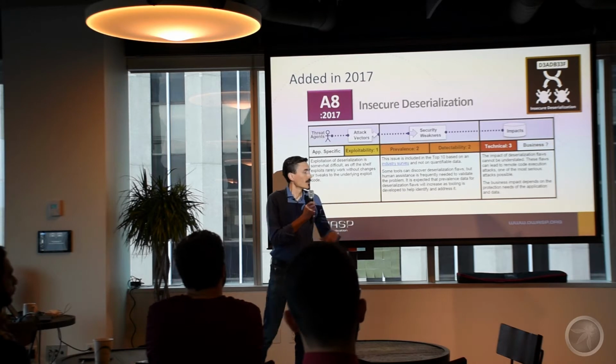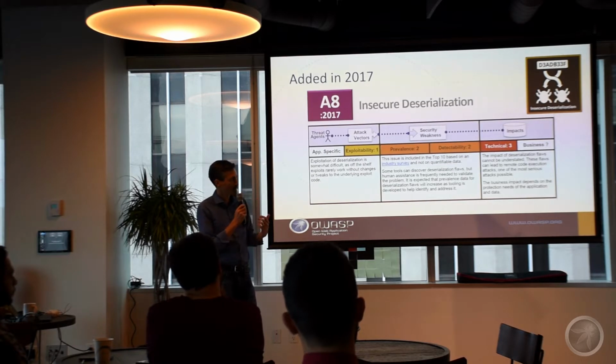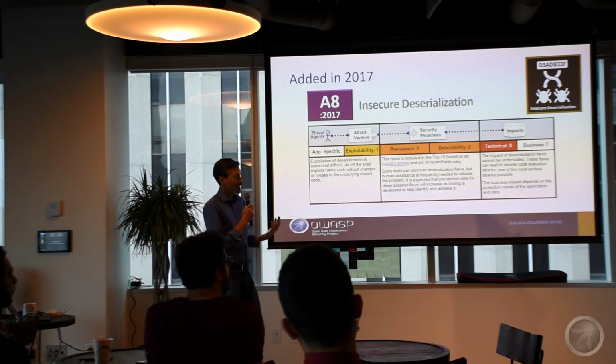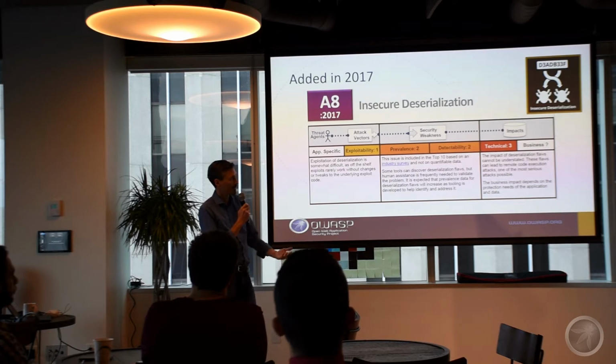I do a lot of security assessment, and I always have a hard time, when I find a deserialization issue, setting a severity on the finding. As they mention here, the worst case scenario is a remote code execution, but you never know, and I will explain that later on. So it's always hard to set a severity on findings like that.